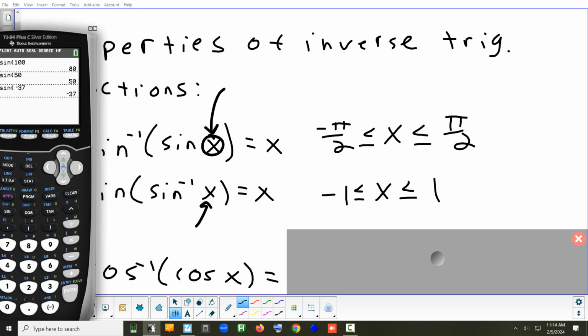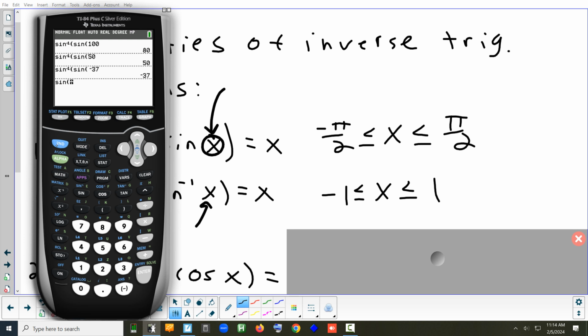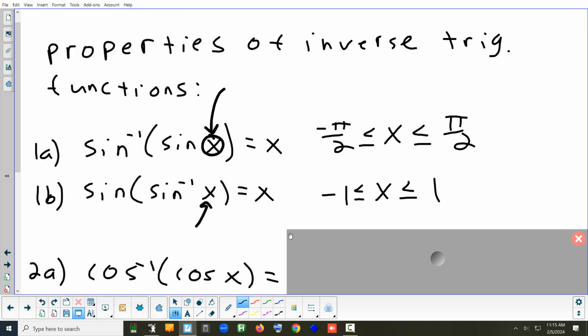This time, when the inverse is on the inside, if you fill in something that's not between negative 1 and 1, it won't even give you a different answer back. It won't even do it. You can't. So you've got to pick a number between negative 1 and 1. And if you take the sine of the inverse sine of that number, you will always get back what you started with.